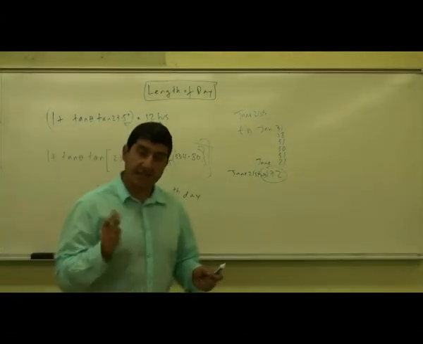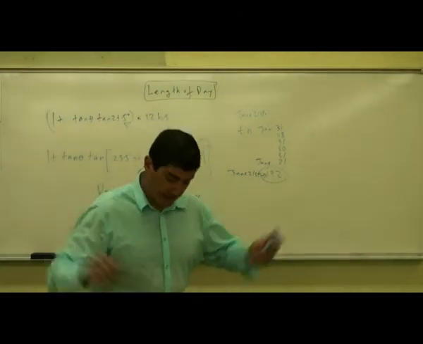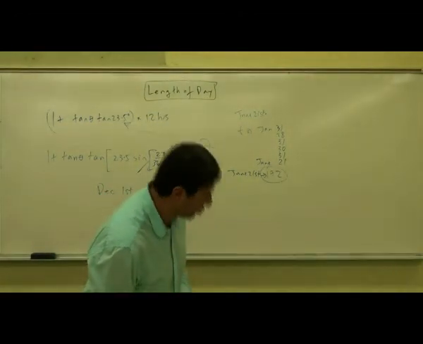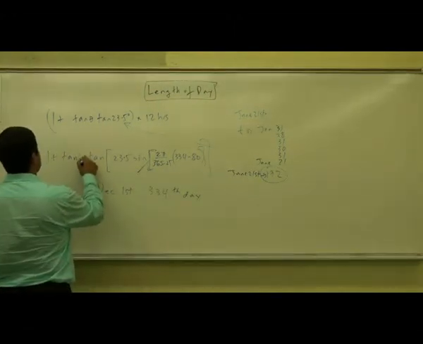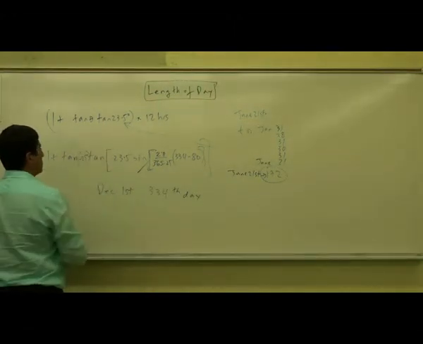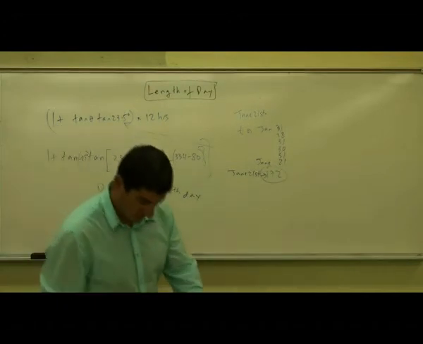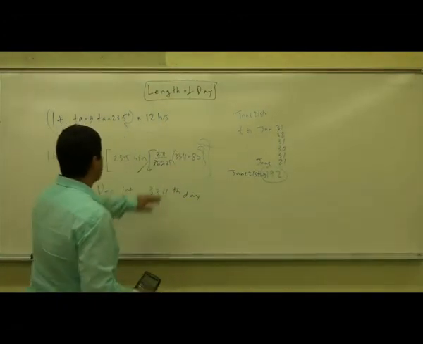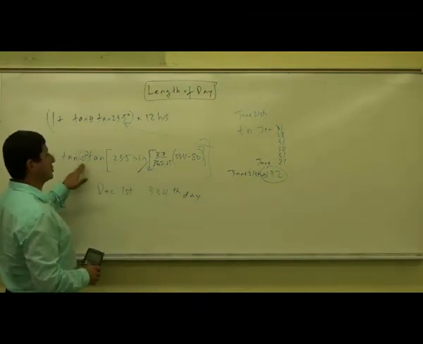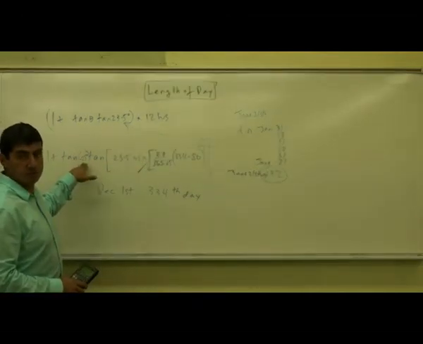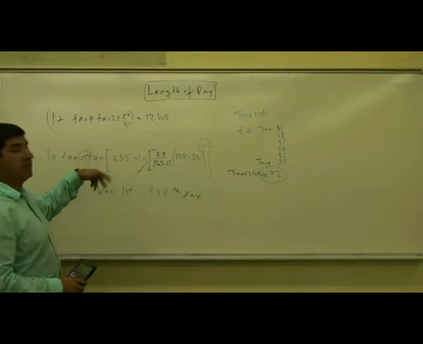Okay, and let's say you live at a latitude of negative 25 degrees. So you would put here negative 25 degrees. When you're doing this, you've got to be in radian mode, or you could change degrees into radians.